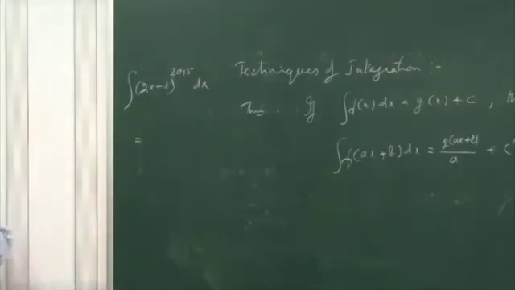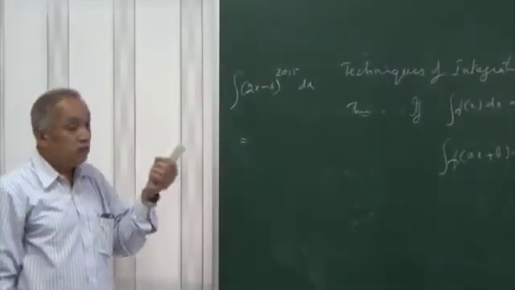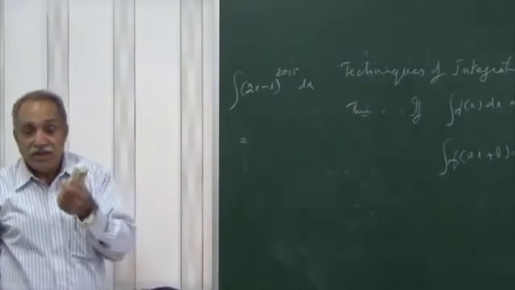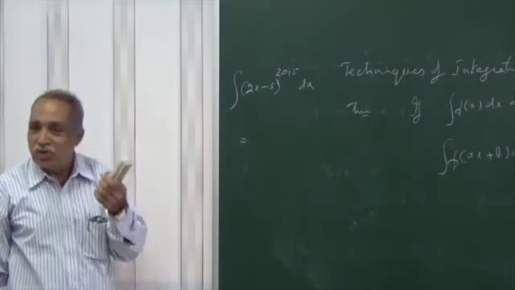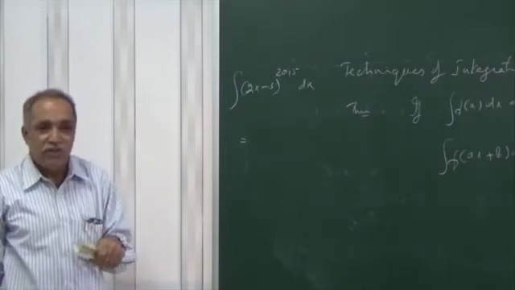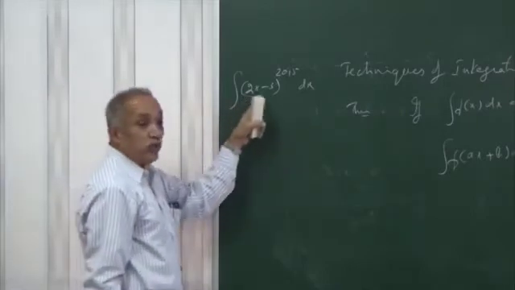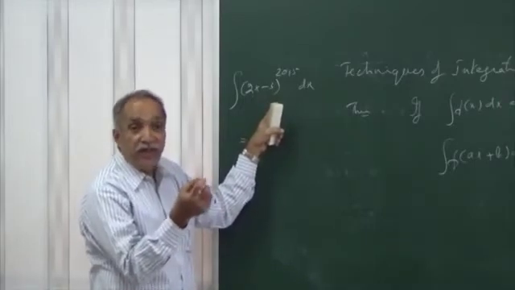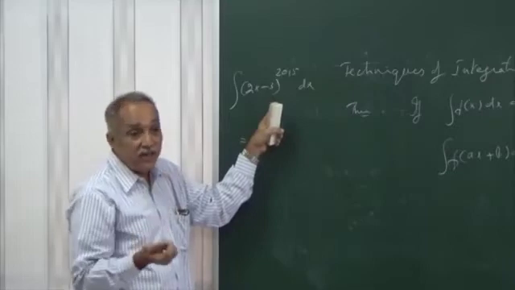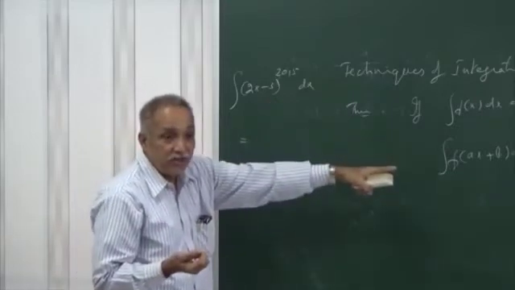You know, for x to the power n, the integral is x to the power n plus 1 by n plus 1. For x to the power 2015, the integral is x to the power 2016 divided by 2016. For (2x minus 3) to the power 2015, got from x to the power 2015 by replacing x by a linear function, the theorem applies.